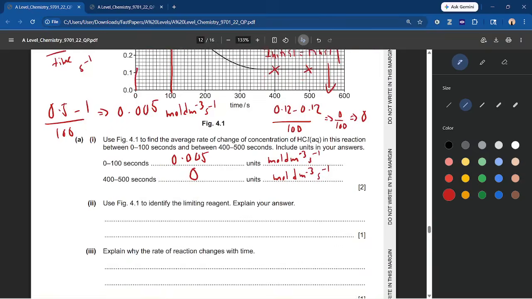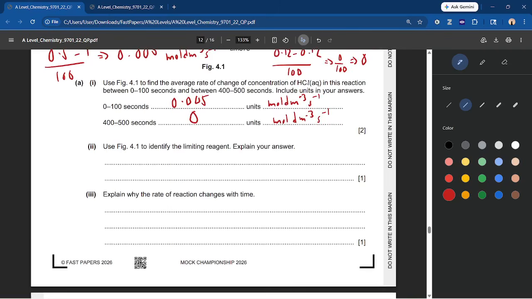So if we go down, the limiting reagent will be Na2S2O3 as the reaction stops before all the HCl is used up. Very simple.